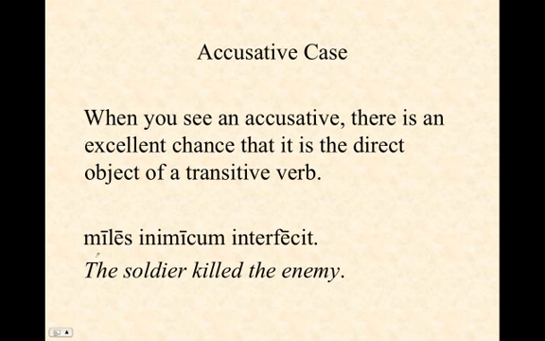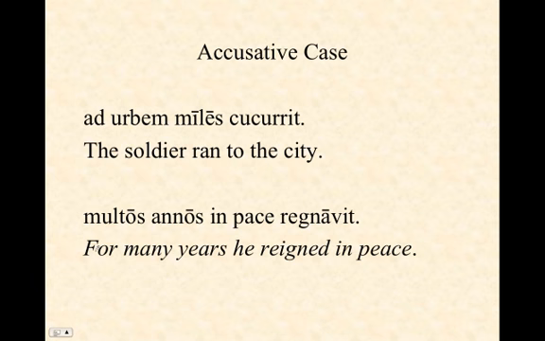Look at our example. Miles inimicum interfecit. The soldier killed the enemy. The accusative ending um tells you that the inimicum is the one who was killed. Miles is the subject.